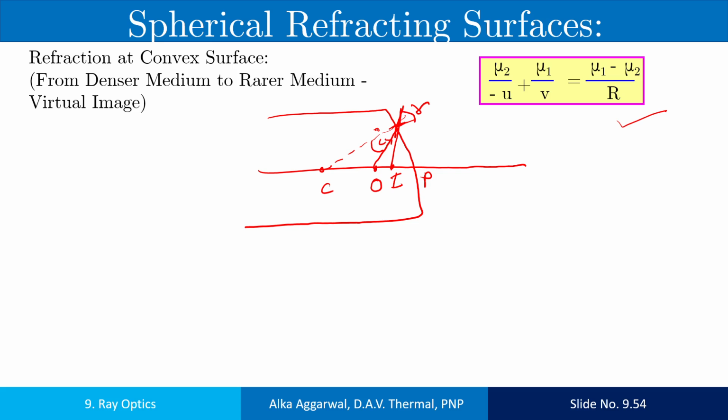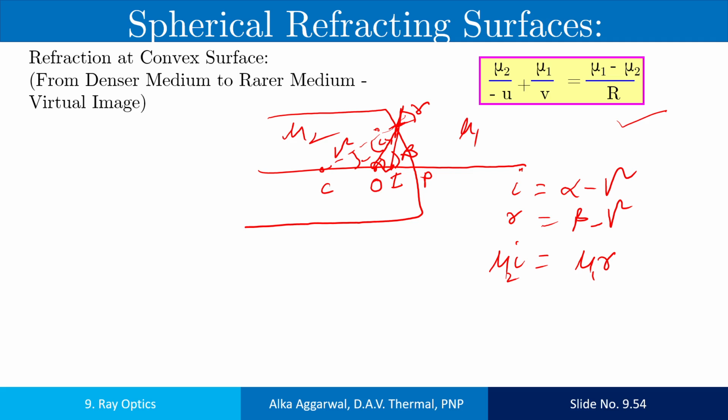The angle which the incident ray makes with the principal axis is represented by alpha. Image makes with the principal axis beta, and the normal makes with the principal axis gamma. In this case, the relationship is I equals alpha minus gamma, R equals beta minus gamma. And again using the same relation, mu2 I equals mu1 R. It is a medium mu2, this medium is mu1.